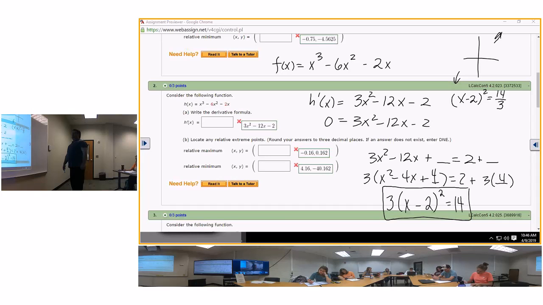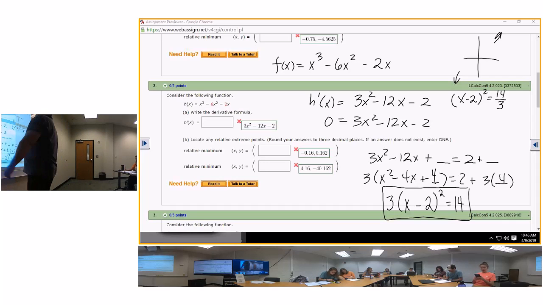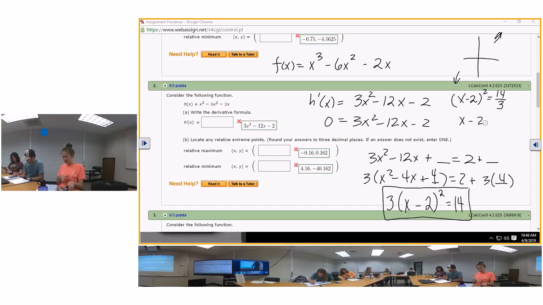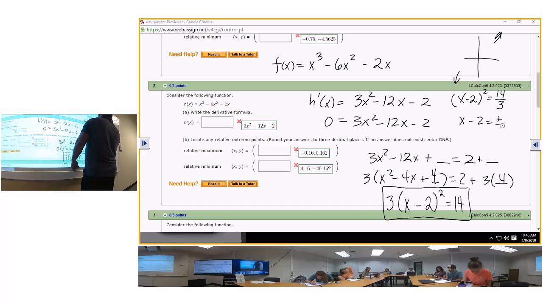Let's go ahead and find what is 14 divided by 3. Dang old 4 2/3, which is 4.67. Somebody check. What's 14/3? 4.66666. Okay. X minus 2 quantity squared is equal to 4.67. Take the square root of 4.67 for me, please.